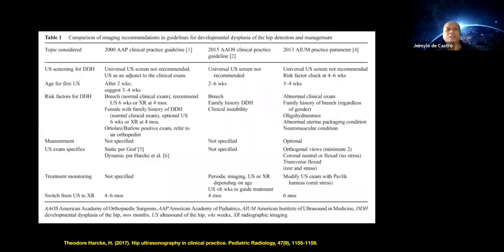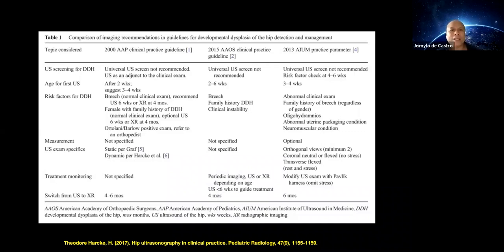So here, this is a recommendation guideline for developmental dysplasia of the hip. That is a joint recommendation by three associations: the American Academy of Orthopedic Surgeons, the American Academy of Pediatrics, and the American Institute of Ultrasound in Medicine.